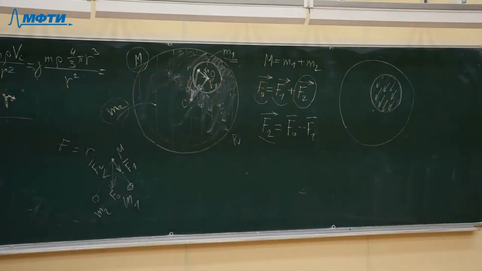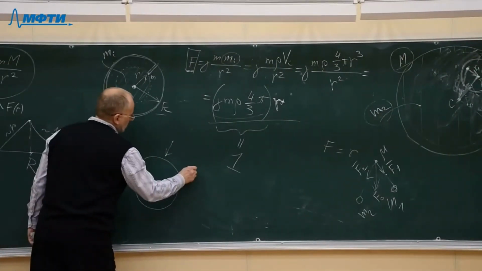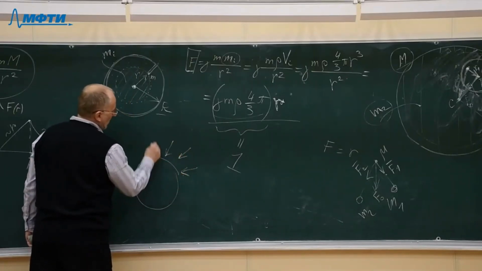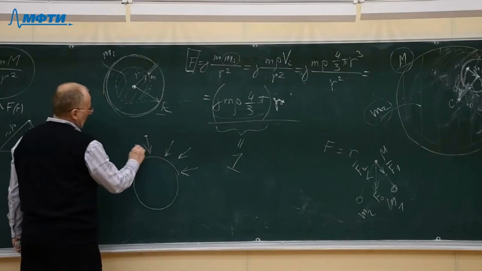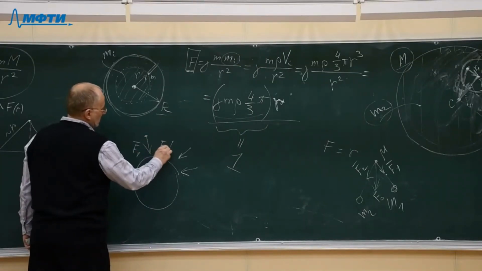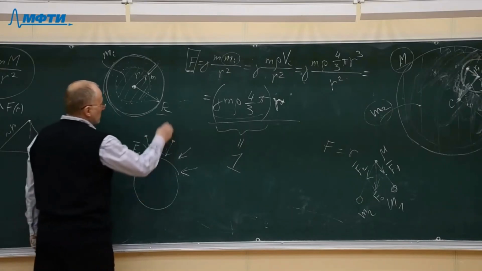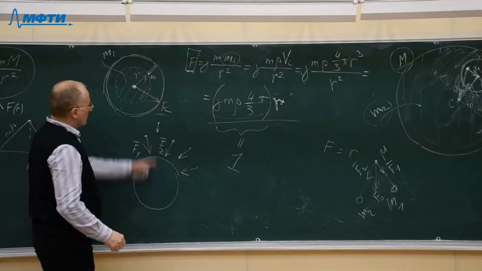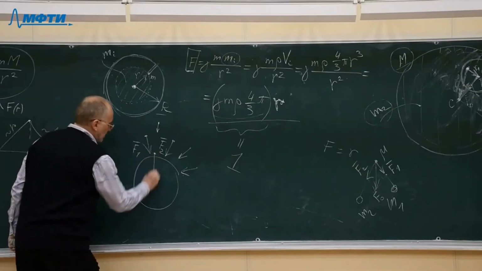By the way, the gravitational field of a planet is not uniform. So this is a planet, and in different points, the direction of this force is different. Vector F1 is not equal to vector F2. They differ in direction, and they may differ in magnitude, because the farther you go, the longer the distance, the smaller the force, and the closer to the planet, the larger the force.